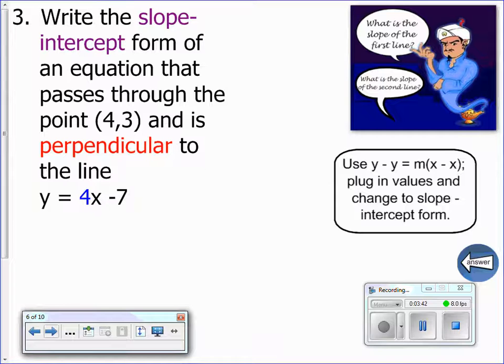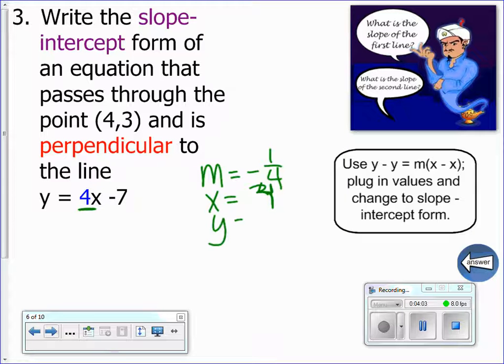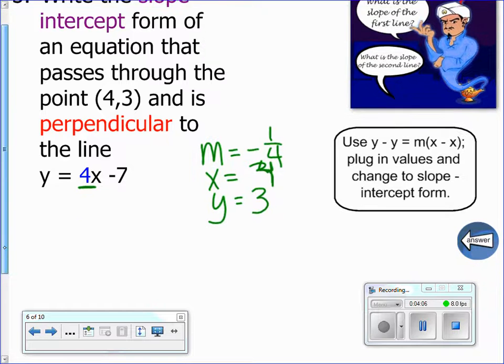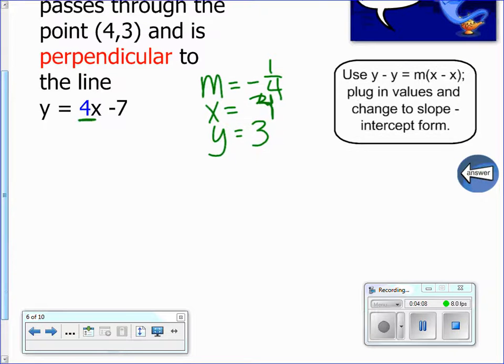Now on this one, it says write the slope-intercept form of an equation that passes through the point 4, 3 and is perpendicular to the line y equals 4x minus 7. So that means my m is the opposite inverse, -1/4, and then my x is 4, and my y is 3. This time I'm going to use point slope form to get me there.